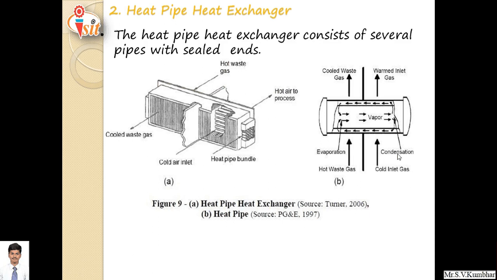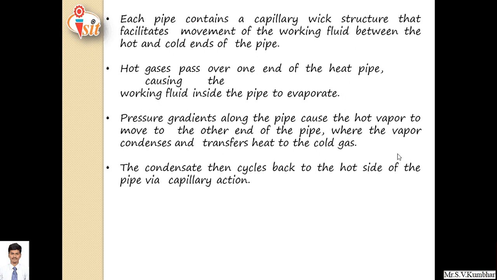Heat pipe heat exchangers consist of several pipes with sealed ends. Each pipe contains a capillary wick structure that facilitates movement of the working fluid between the hot and cold ends of the pipe, which we have already studied. The hot gas passes over one end of the heat pipe, causing the working fluid inside the pipe to evaporate.